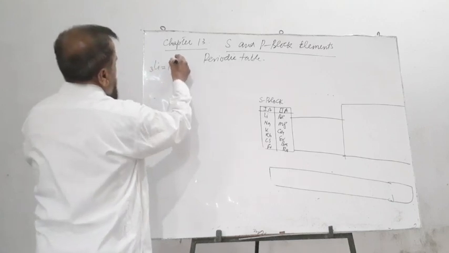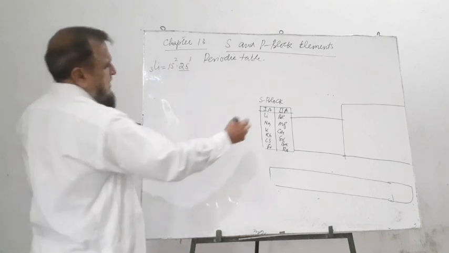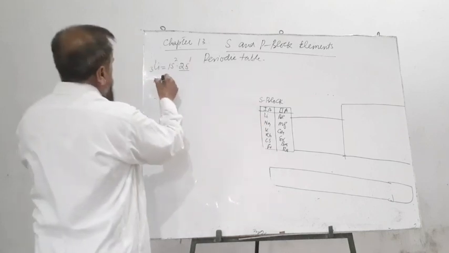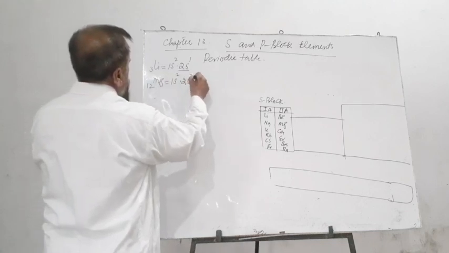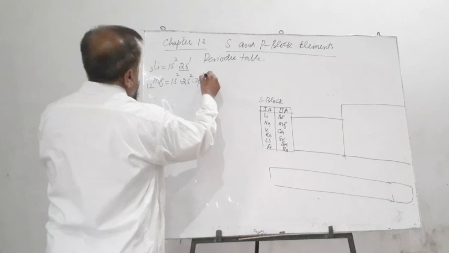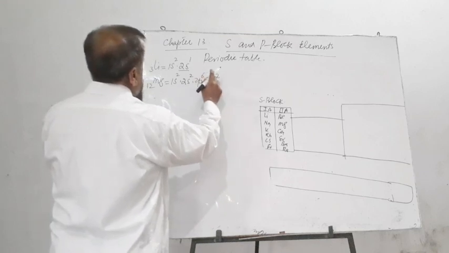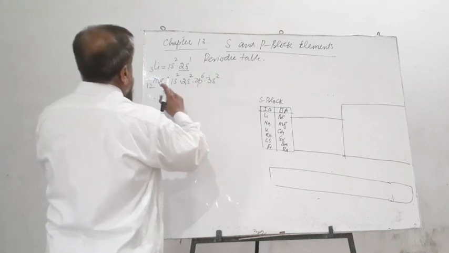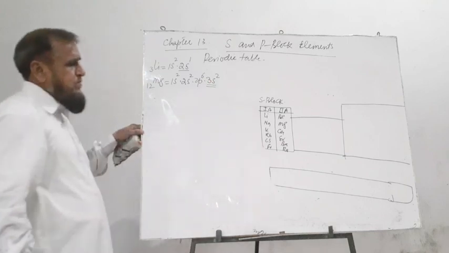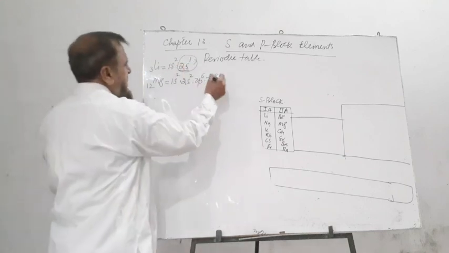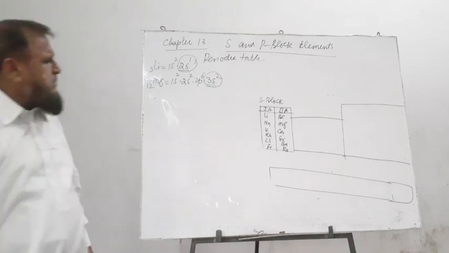It has the electronic configuration 1s2 2s1. Let us consider magnesium, atomic number 12. It has the configuration 1s2, 2s2, 2p6 and 3s2. So the last electron enters the s orbital. Therefore, they are known as s block elements.